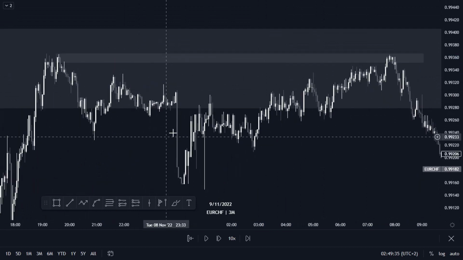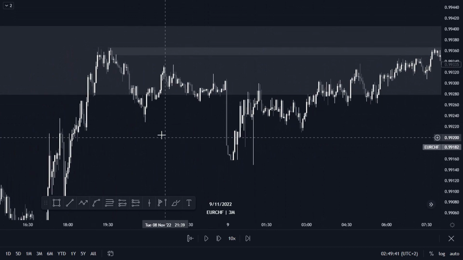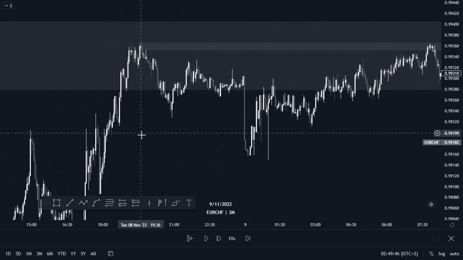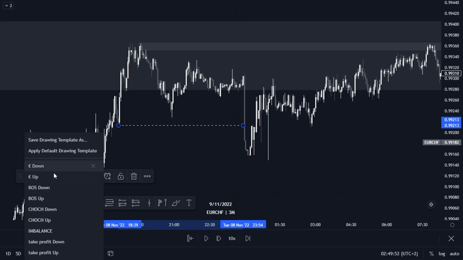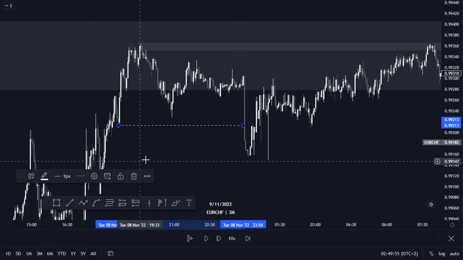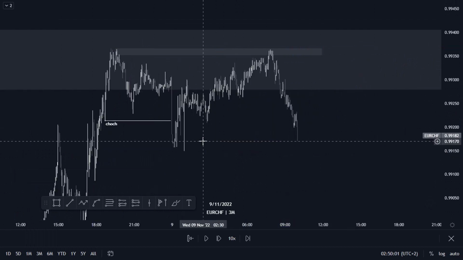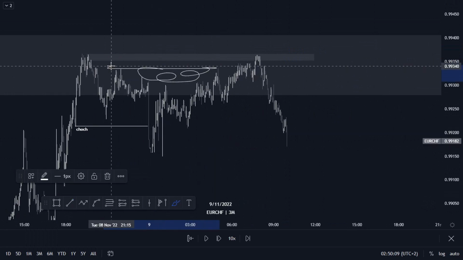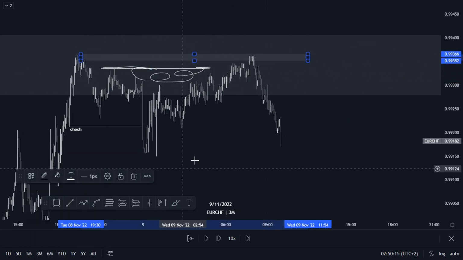So that would be your confirmation entry, because you can see that price pushed to the downside and broke structure here, creating a change of character, and all this here was internal range liquidity, and if you would take this, this would be your supply area.